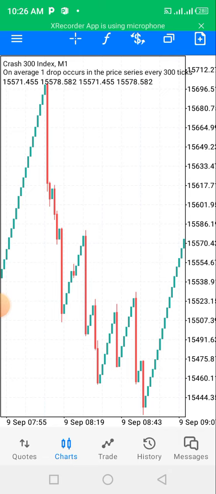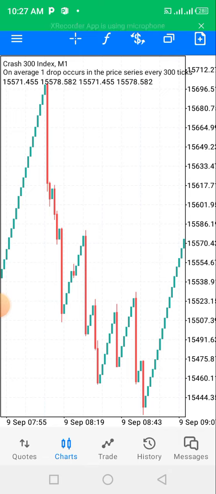If you're trying to catch spikes on crash, you have to be sure that the market is on a downtrend before you even think of going to the market on crash to catch spikes. If the market is on an uptrend and you're trying to catch spikes, I bet you end up losing money. Not as if a spike will not come, but it might not come often. It might just come once, and it takes a longer time before it comes again, and by that time you are losing a whole lot of money.